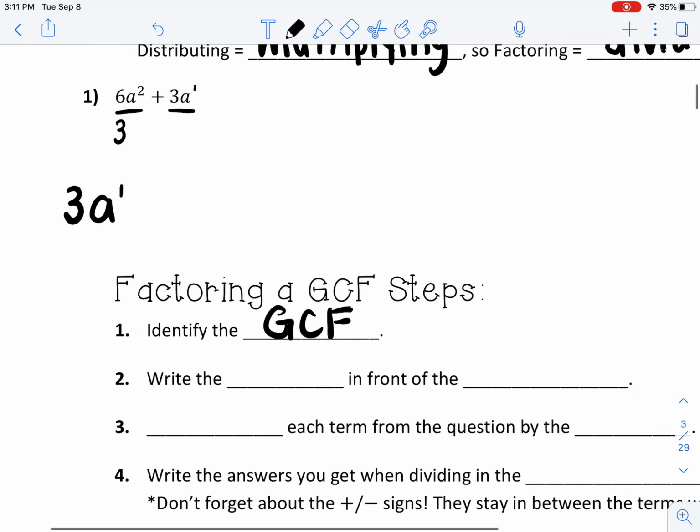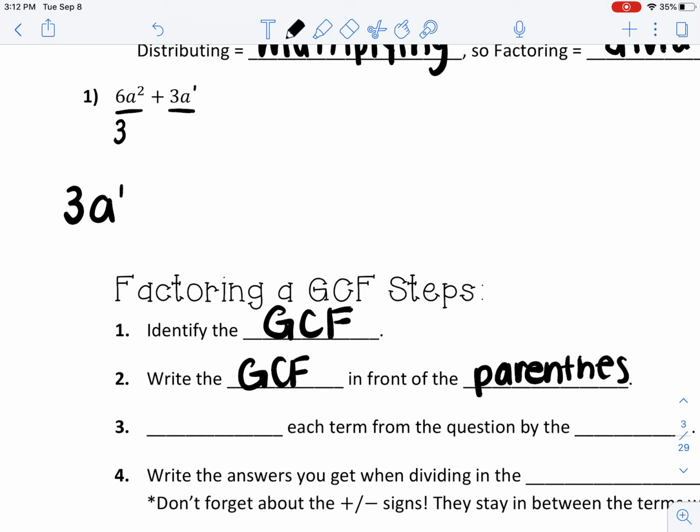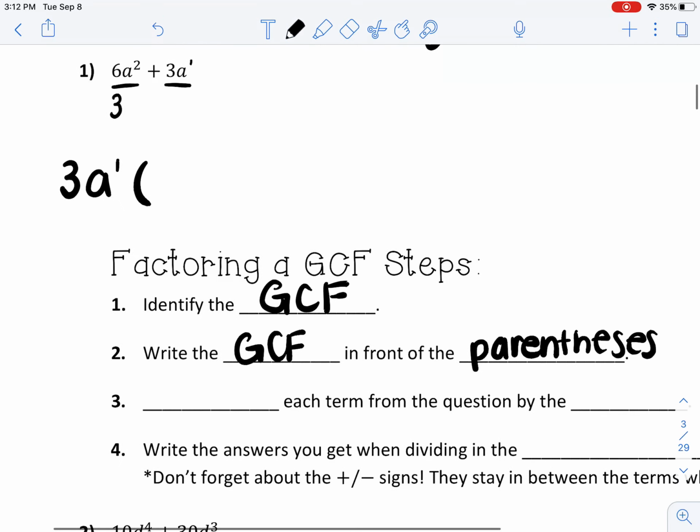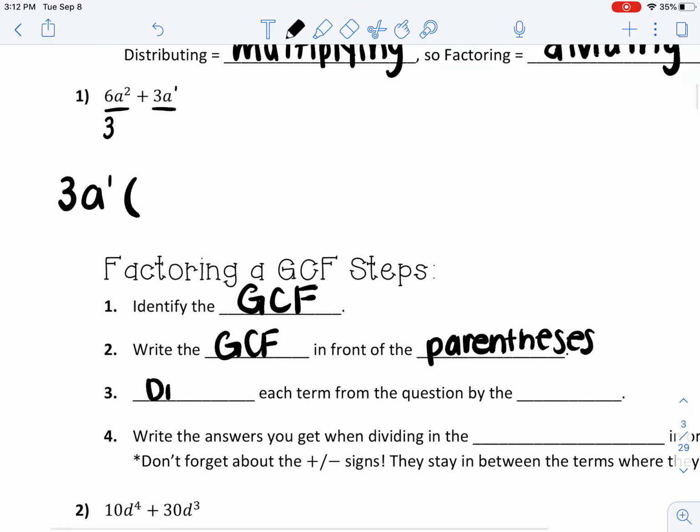So next, step 2 is to write the GCF in front of parentheses. I already wrote the GCF here, so that just means we need parentheses after that. Step 3 is to divide each term from the question by the GCF.